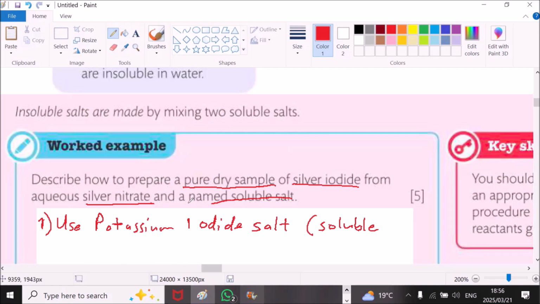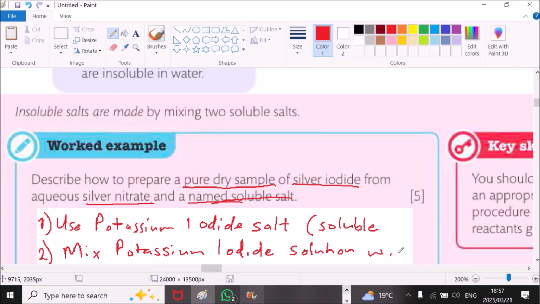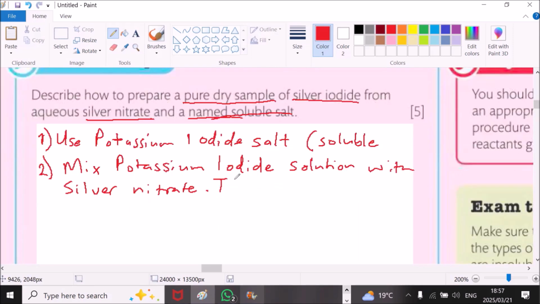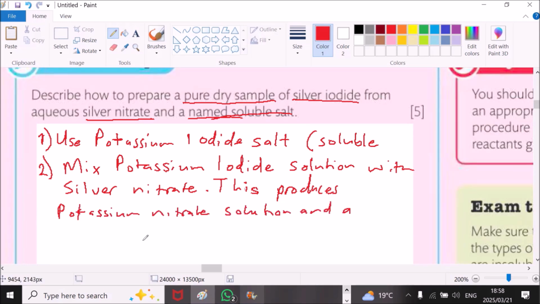So this is our named soluble salt, which contains iodide ions. We want to make silver iodide. Now we mix potassium iodide solution with silver nitrate. This produces potassium nitrate solution and a precipitate of silver iodide.